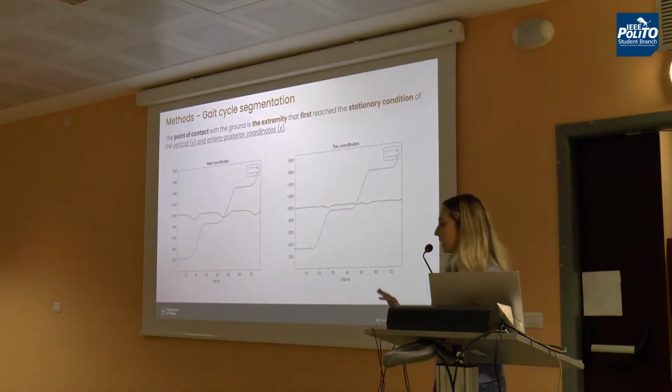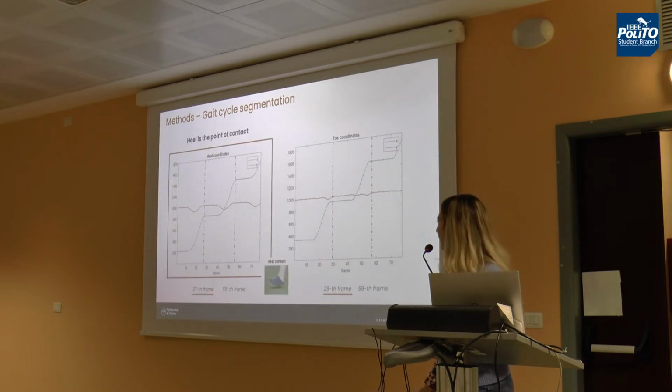Between heel and toe, the point of contact with the ground is the extremity that first reaches the stationary condition of both coordinates, vertical and anterior-posterior. In particular, when the subject impacts in this way, the heel is the point of contact because it reaches the stationary condition before the toe.